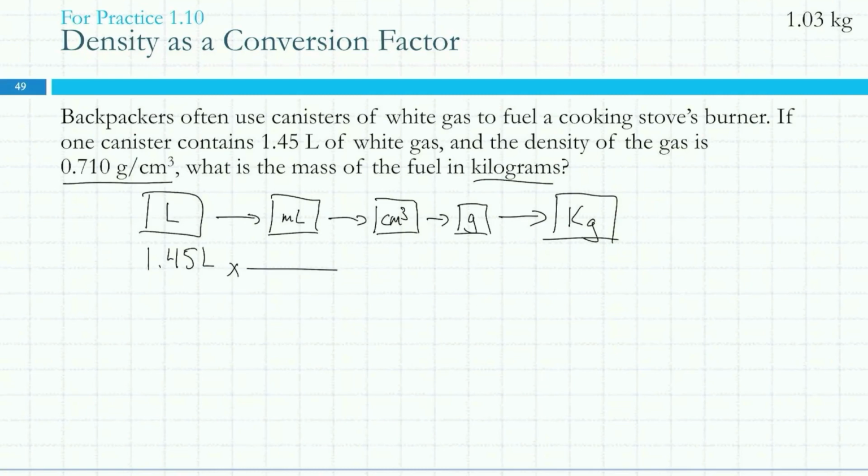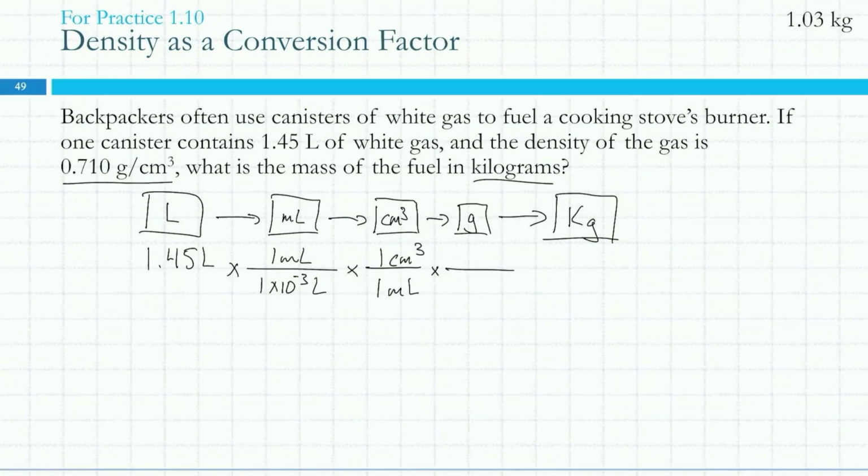Liters to milliliters. 1 milliliter is 1 times 10 to the negative 3 liters. How many milliliters per centimeter cubed? 1. Numerically, meaning when you do the math on this, converting from milliliters to centimeters cubed doesn't change the number.